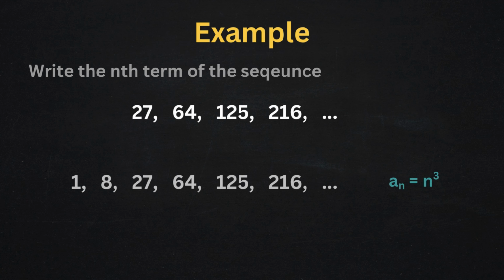The original nth term would have been n cubed, but since it's shifted, you'll replace n accordingly with n plus 2. So the answer will become (n plus 2) whole cubed. Got it? Does that make better sense now? In the exam, it's up to you whether to show the working or not. Technically, no working is required.